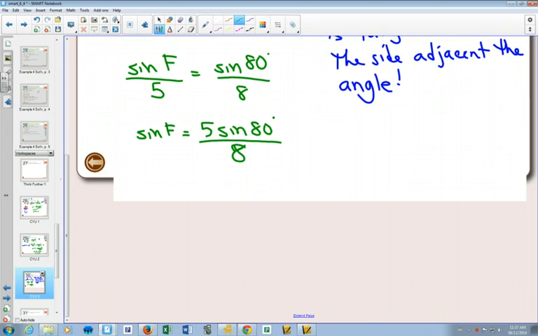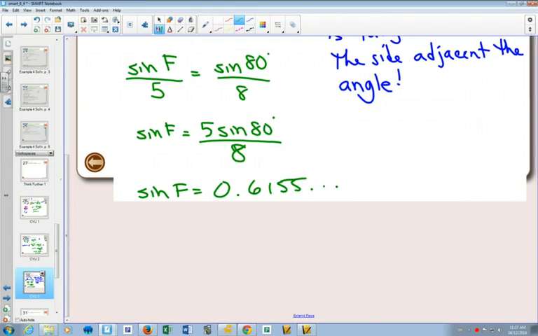And type that into your calculator. You'll get a decimal. Sine of F equals 0.6155, dot, dot, dot.